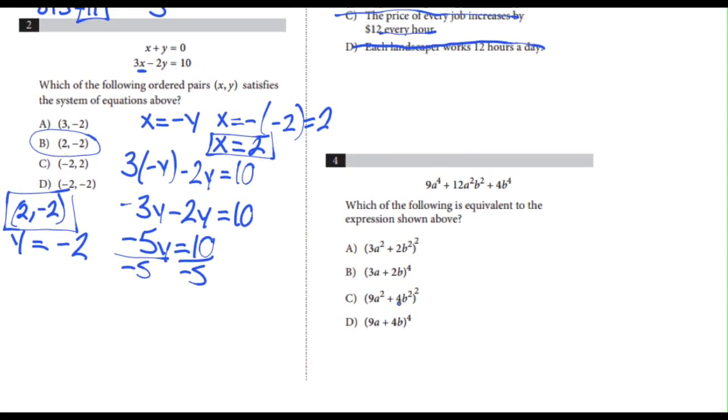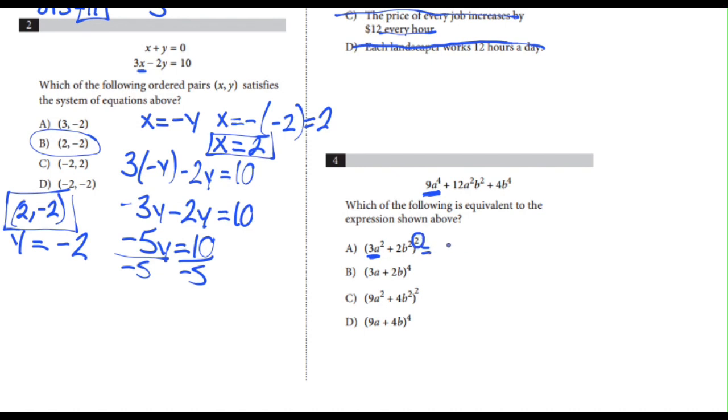Number 4. Which of the following is equivalent to the expression shown above? The way that we test which of these expressions is equivalent to the expression above is we can test to see if we get the very first term, which is 9a to the 4th. We get our first term inside of the binomial and raise it to the power on the outside.